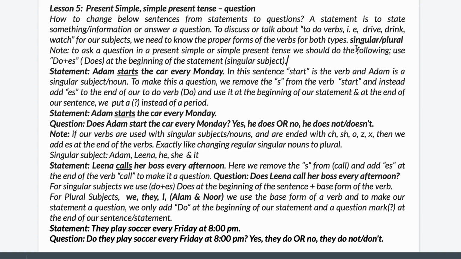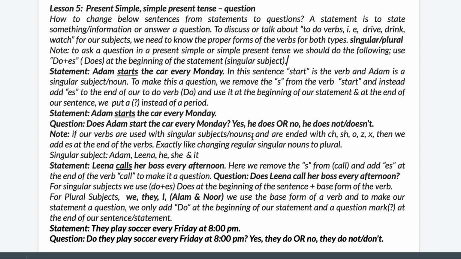So these are the critical points we need to observe. So now to ask a question in a present simple or simple present tense, we should do the following. Use do. Okay? At the beginning of the statement, singular subject. And then we put es.